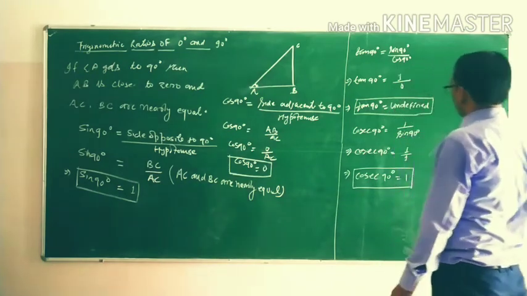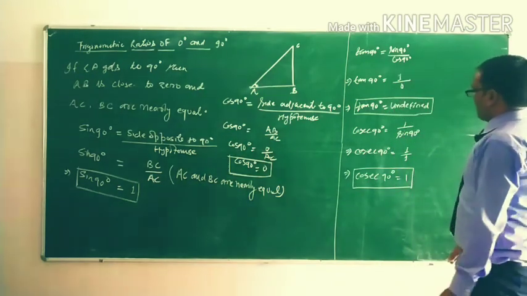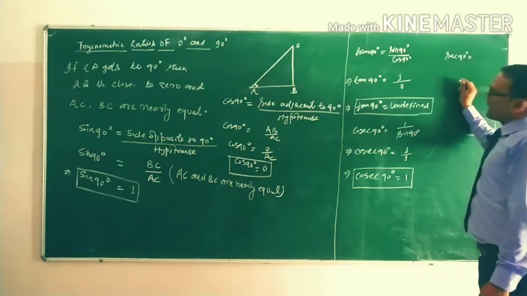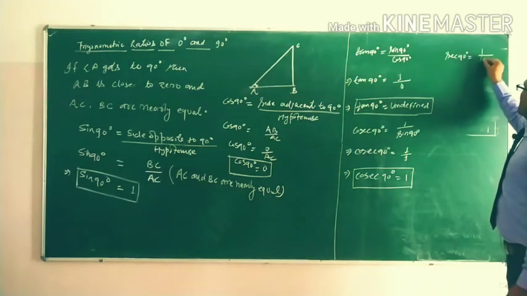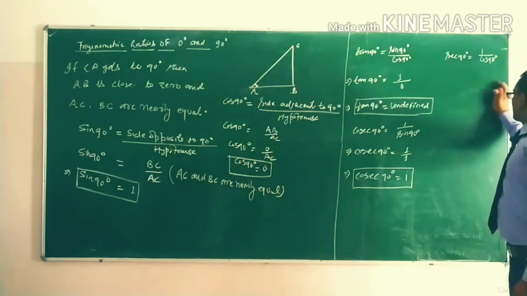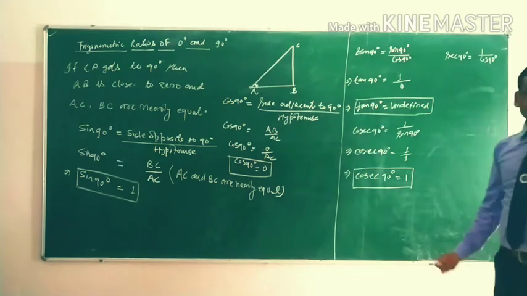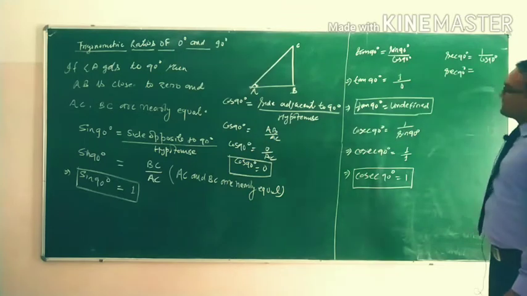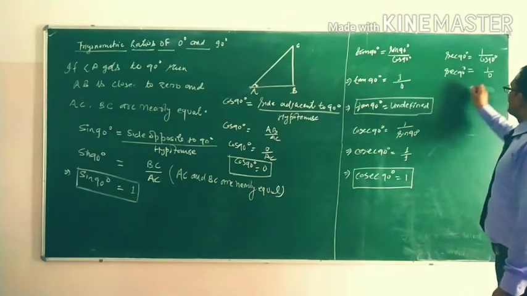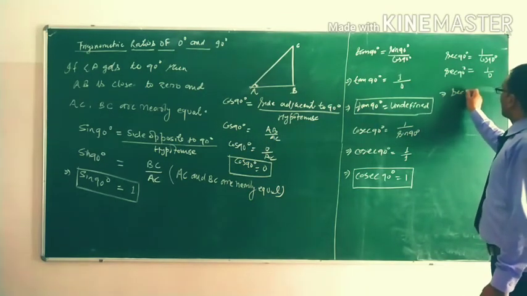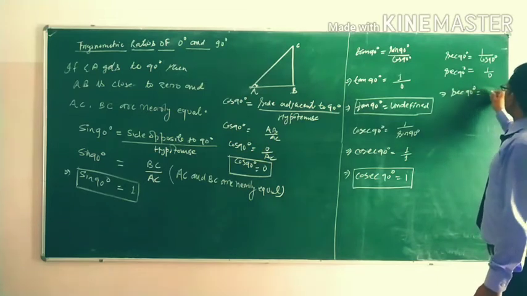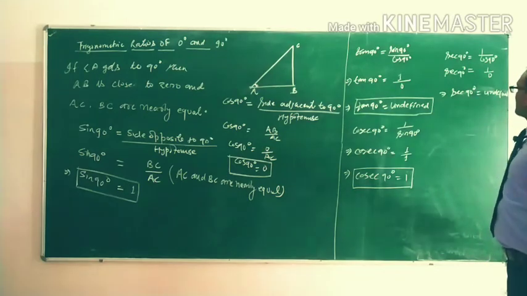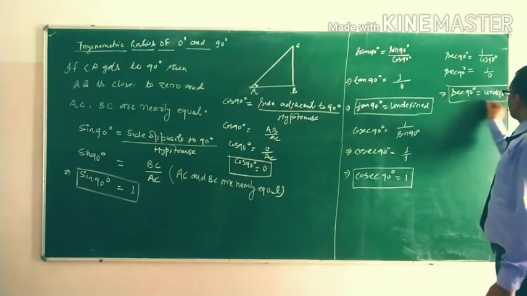Okay students, and we find the value of sec 90. Sec 90 is 1 upon cos 90. Sec is the reciprocal of cos. What is the value of cos 90? Cos 90 is 0, 1 upon 0. Again we find that sec 90 is an undefined quantity. Okay students, sec 90 is undefined.